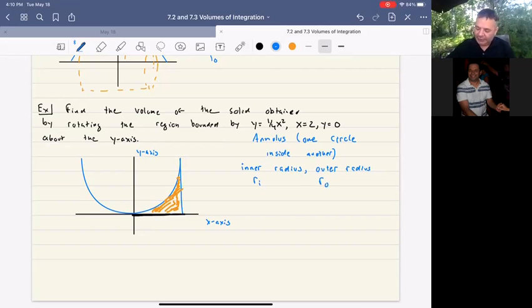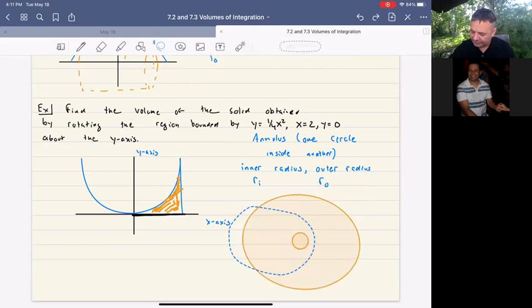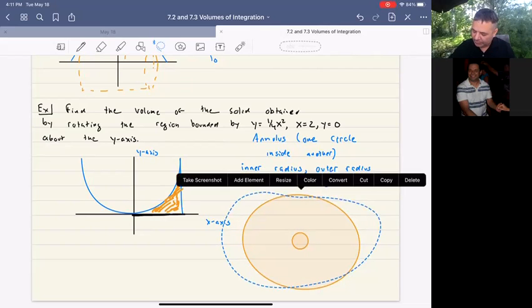Okay, and if you have an annulus, I have shape completion, I may as well use it. That'll be as close to a circle as I can get.